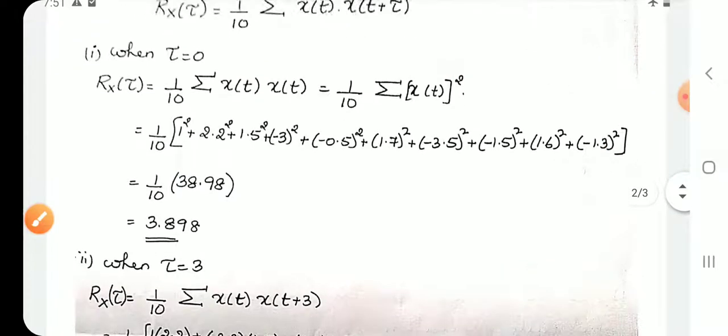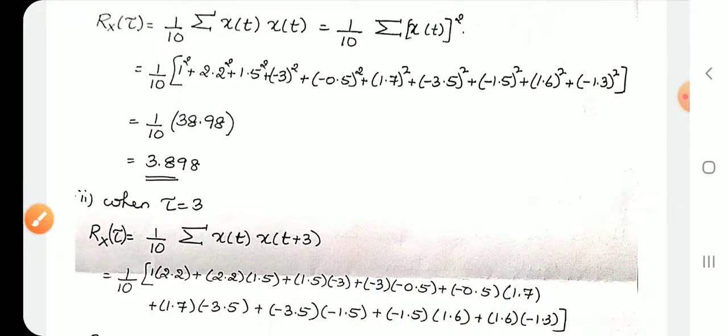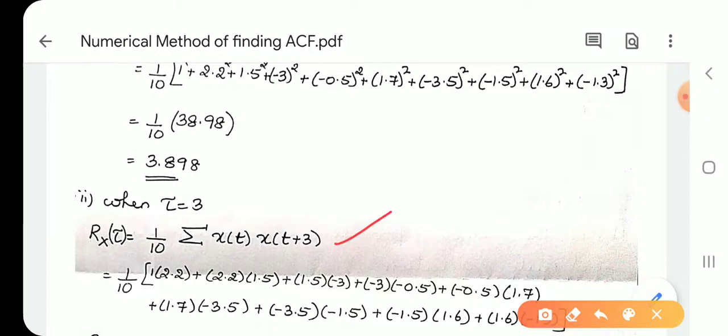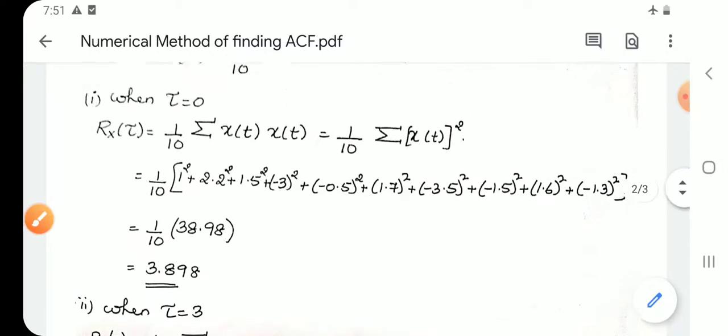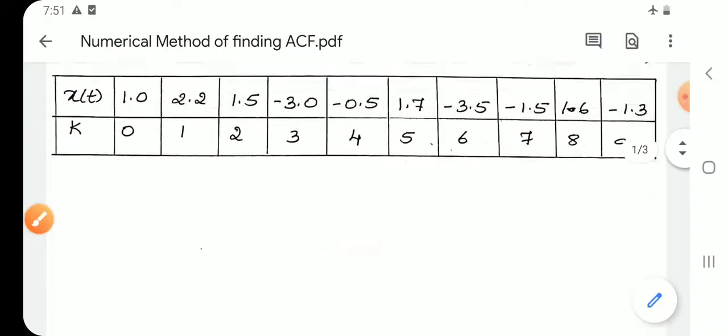Now, when tau is equal to 3, using the same formula, it is 1 by 10 into sigma x of t into x of t plus 3. That means a time difference of 3 is added to t. For example, I will take the table.